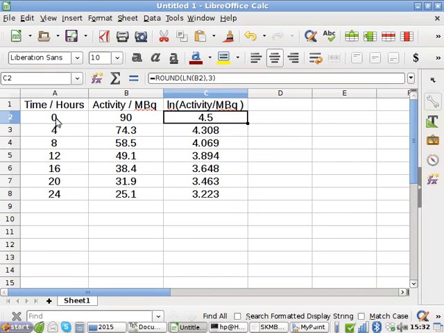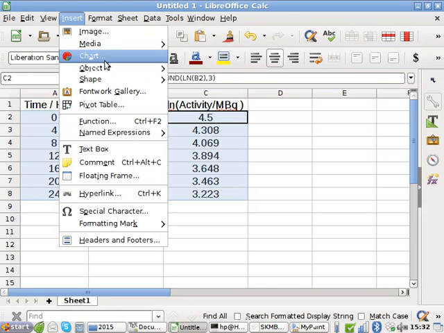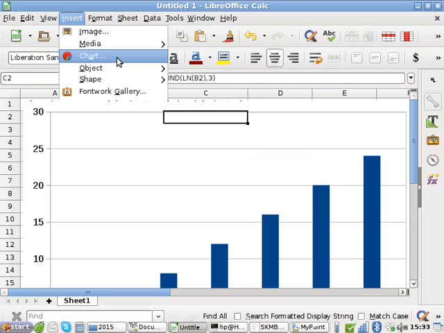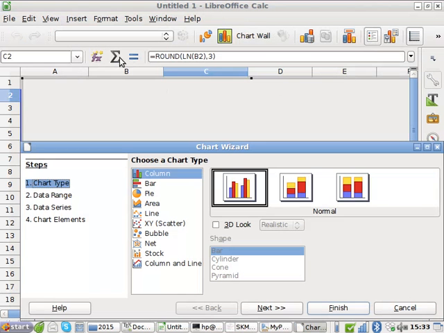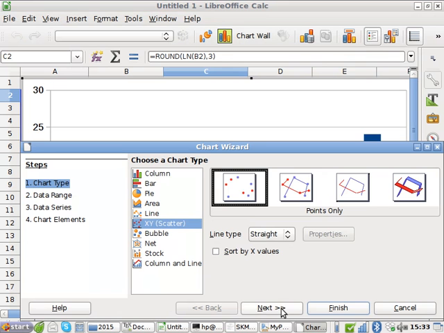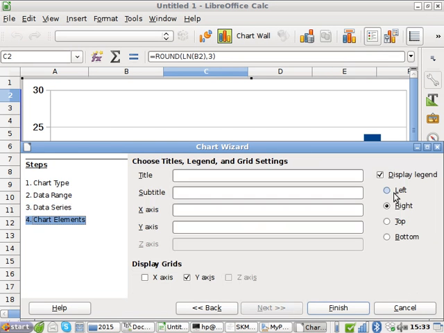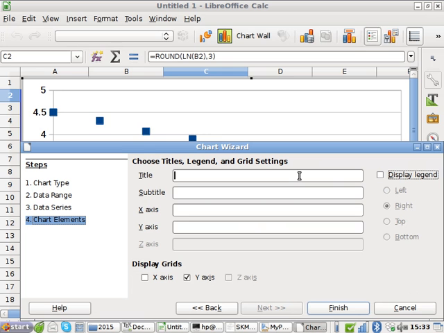So we want to plot this and this onto a chart. Obviously time goes on the X and log activity goes on the Y. Scatter plot, and this is log activity against time.